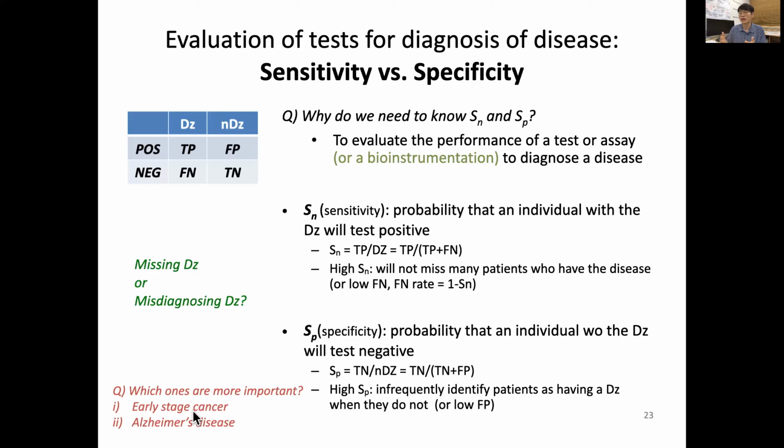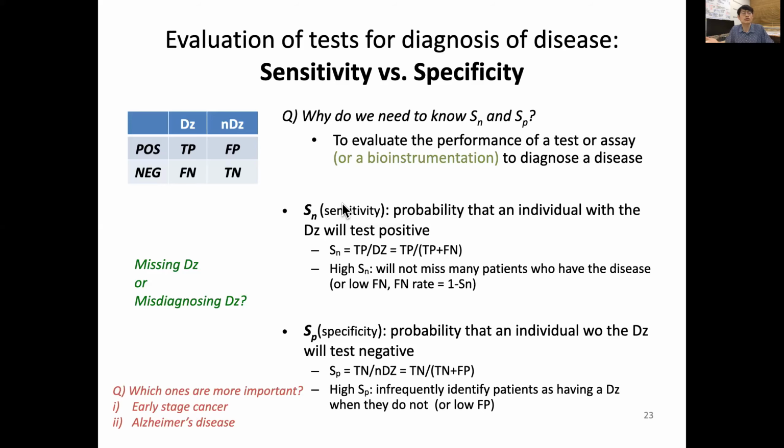So it's very important you do not miss the disease because you can treat the course of disease if you find it at an early stage. So if you have a test which will diagnose early stage cancer, you make sure you have a high sensitivity. Does it make sense?